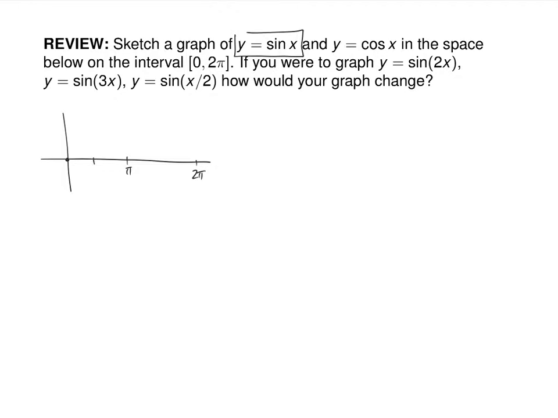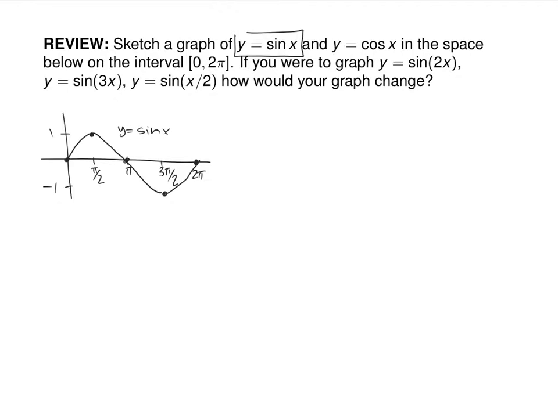Then you divide the interval into 4 parts: π/2, π, 3π/2, 2π. What does sine do first? It goes up to 1, then back down to 0, then at 3π/2 it goes to -1, and then back up to 0. Exactly. So there is y = sin x.